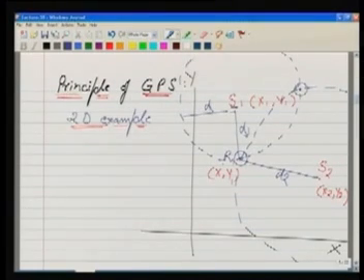Now in order to find the solution for this problem, we need to know that one of these positions is not possible. What we have done so far is try to understand, in 2D, one unknown point. To know its position, we measure the distance to two known points, and we end up with two positions.